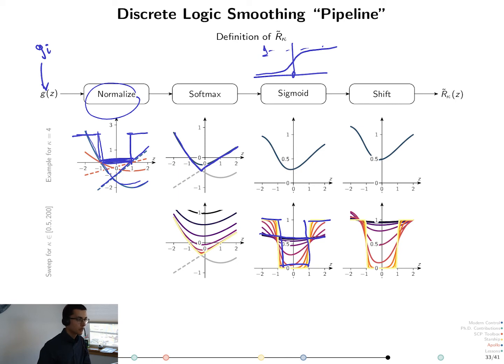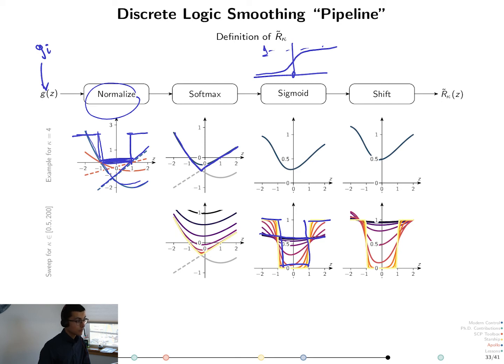But here's a pictorial illustration that shows what happens when you increase kappa. As you increase it, you go from this super coarse approximation of what looks like not discrete logic at all to something that's like a step down followed by a step up function, right? And that's exactly the discrete logic that's defined by these predicates, because remember, the discrete logic is saying that we are 1 when any GI is positive, we are 0 when all the GIs are negative.